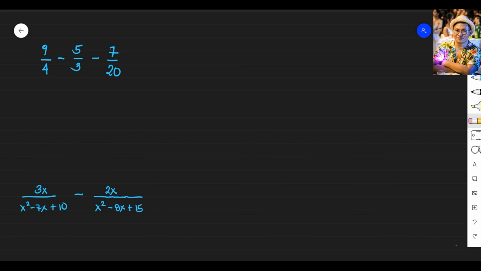So let's start with prime factorization of the denominators. Meaning to say we're going to look for the LCD of 4, 3, and 20. Right? So, what are the prime factors of 4? We know that 2 times 2 is the factor of 4.